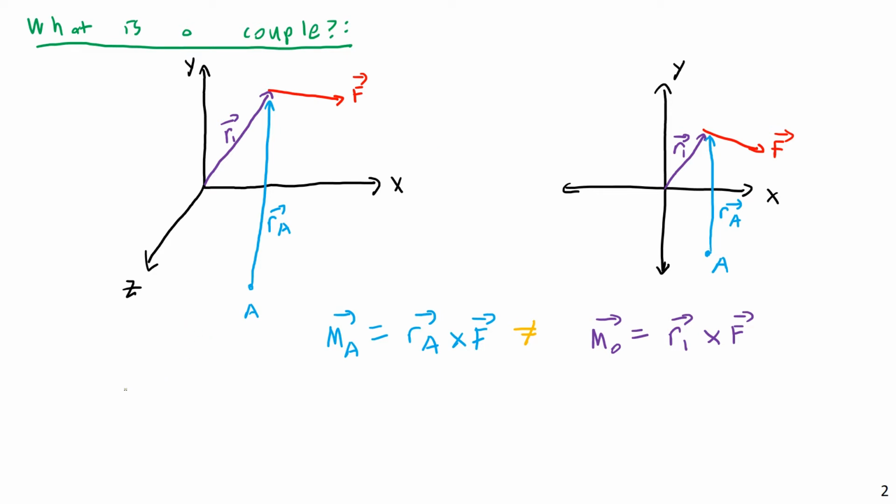So for regular moments, the displacement vector matters. More properly said, the moment arm matters.